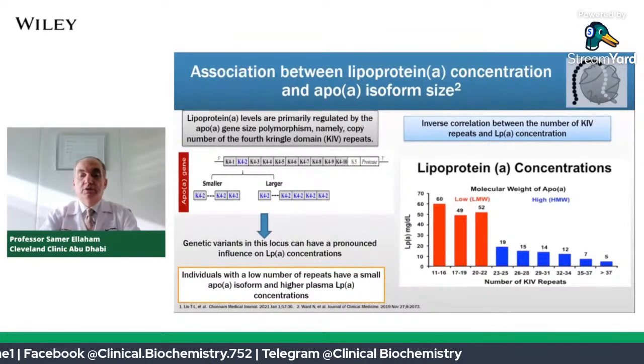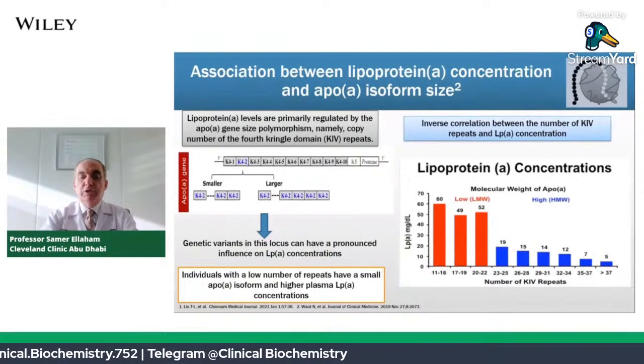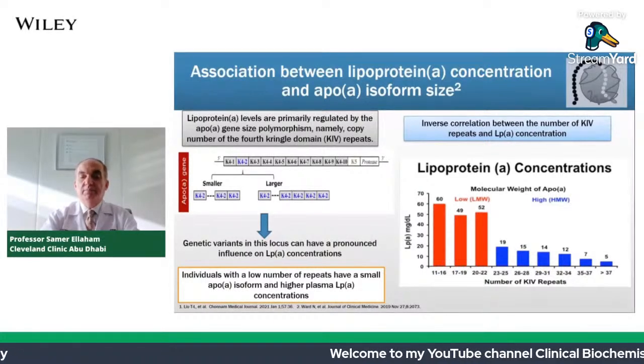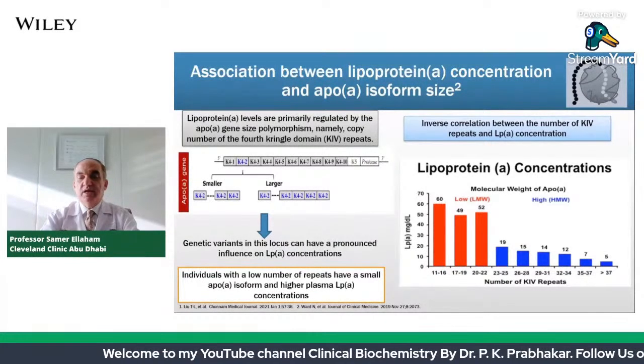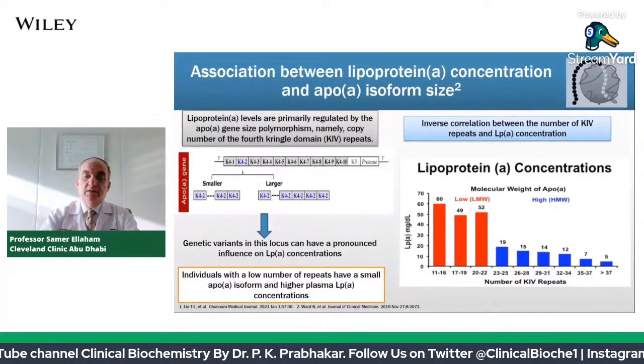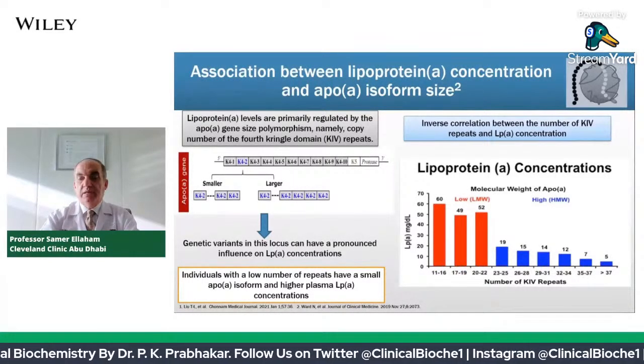And it may be counterintuitive, but individuals with a low number of repeats that have a small ApoA isoform have higher plasma Lp little a concentration. One more time. The patients that have a low number of repeats, have a small ApoA, have higher Lp little a.